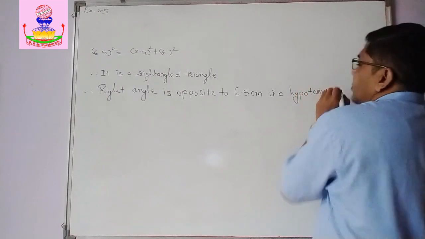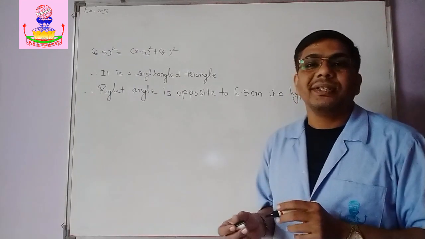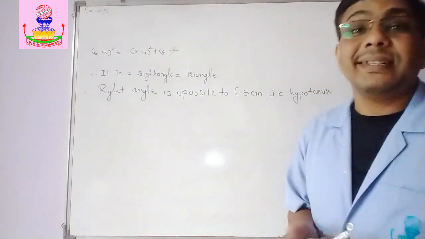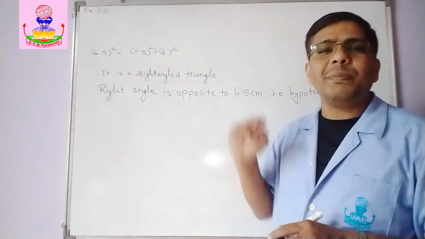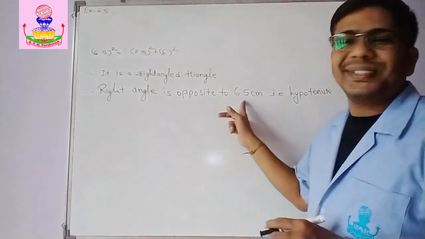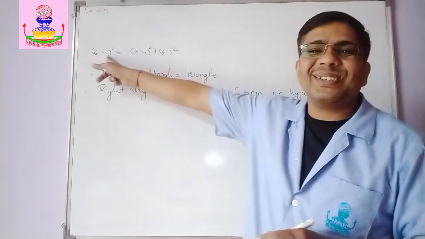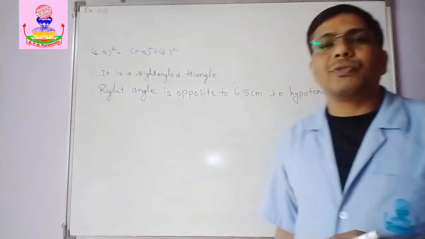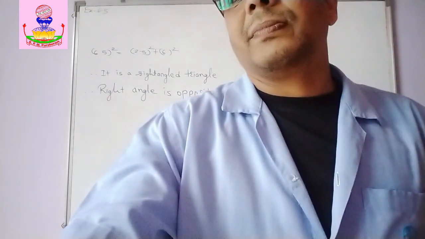That also you are supposed to write, because they have asked the question, identify the right angle. So the right angle is opposite to the hypotenuse. What is the hypotenuse? 6.5 centimeter, because it is the longest side. Now let us move to the next example.